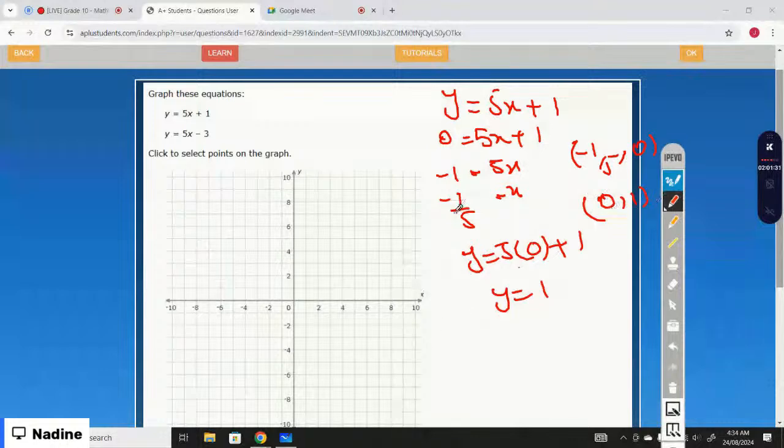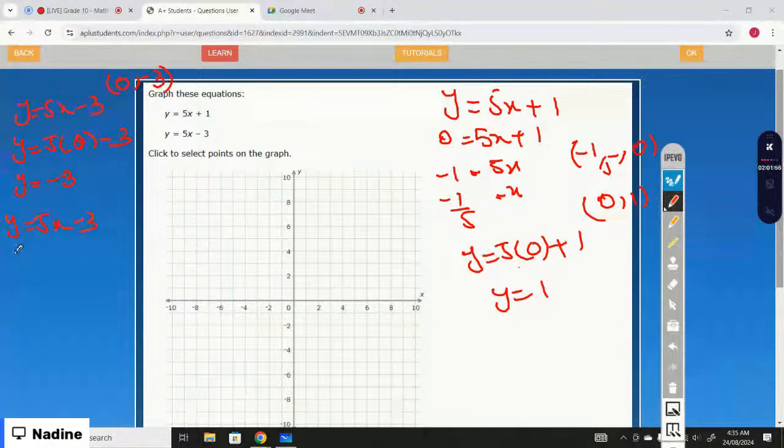Now for the second equation, y equals 5x minus 3, you need to do the same. That is basically the x and y intercepts. The x-intercept and the y-intercept mean the points where the graph is touching the x and y axes, right? So let's put x equals 0: 5 times 0 minus 3. 5 times 0 is 0, so y equals negative 3. So when x is 0, y is negative 3.